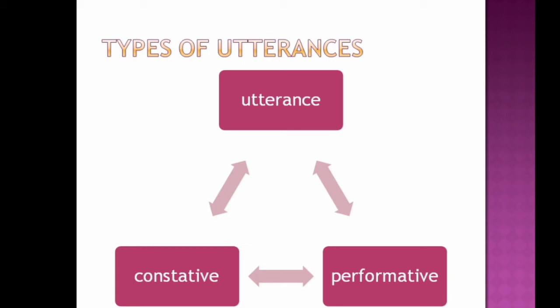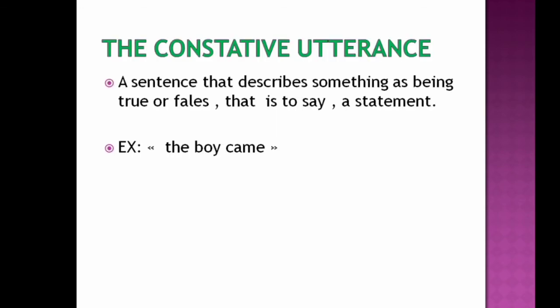Basically, in this theory, we are dealing with utterances, so the spoken form of a language. An utterance is a spoken speech. And we have to distinguish between two main utterances here: the constatives and performatives.